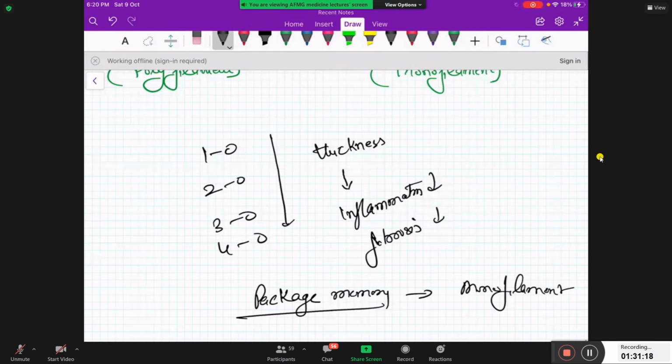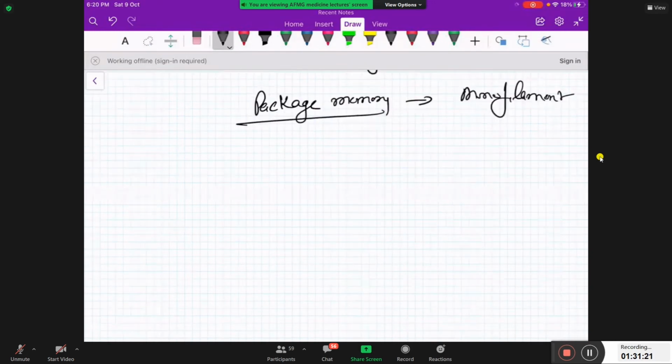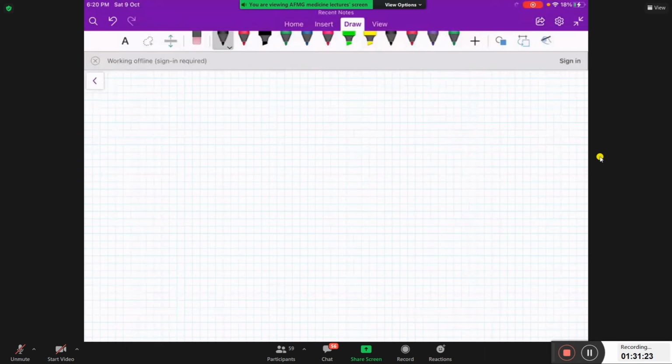Now, how are we going to decide a suture? There is a simple rule. Listen to this carefully. I don't believe in giving facts. I try to make the student understand things, and then it becomes very easy for you also. For any wound there is a rule: all the wounds are going to be closed in layers.